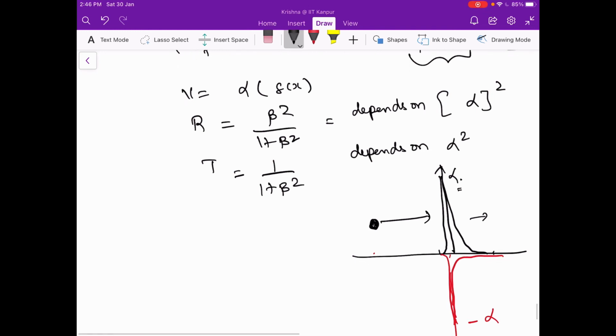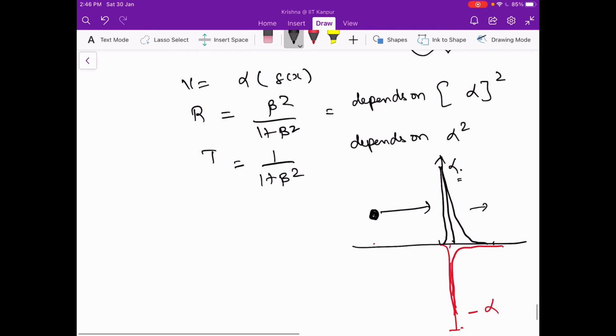But what's counterintuitive here is that the probability to transmit and reflect does not depend upon whether the potential is a barrier or just a well. So for instance, a particle which is incident on a well which has a potential or energy much lower than the energy of the particle can still be quantum mechanically reflected from the red curve, whereas classically, if the particle is incident on this red curve, the particle will just go through without being affected, right?